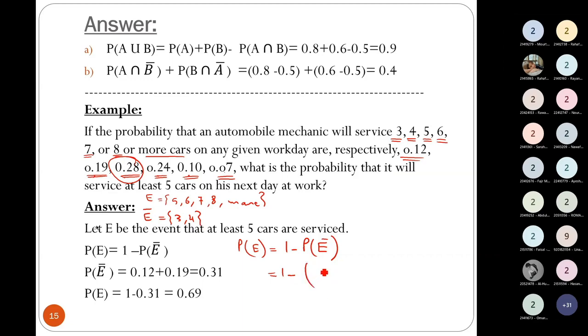The probability of servicing 3 is 0.12, and 4 is 0.19. So we have 1 minus 0.31, which equals 0.69. Okay, this is the answer.